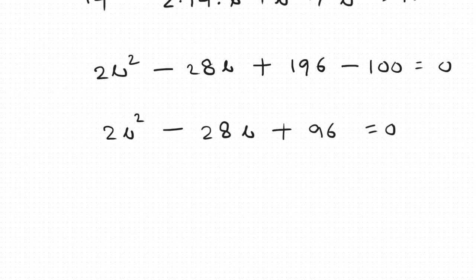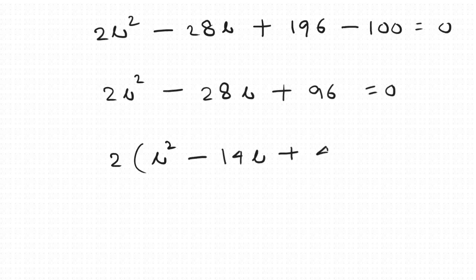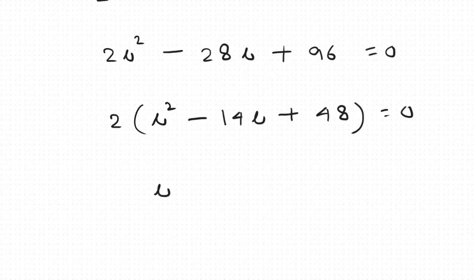If we take 2 out of the bracket, we get 2 times B square minus 14B plus 48 equals 0, or we get B square minus 14B plus 48 equals 0.